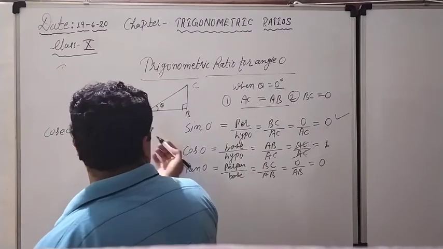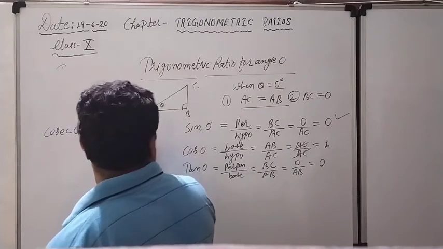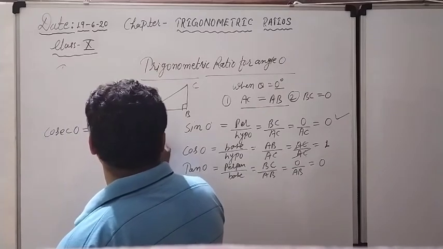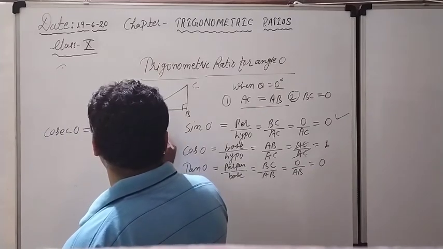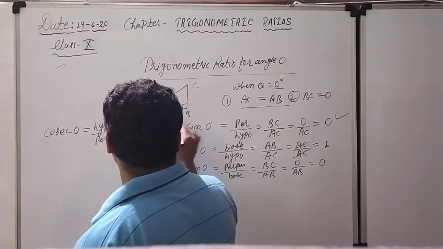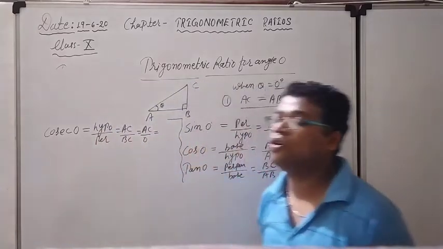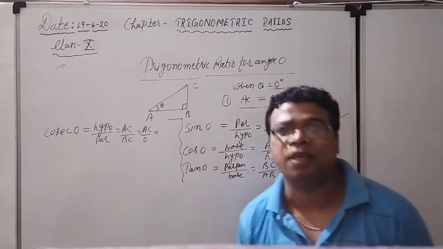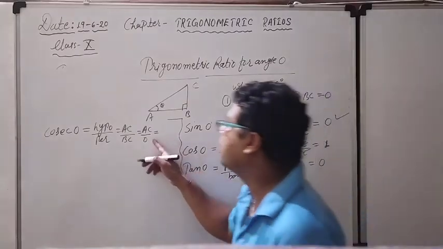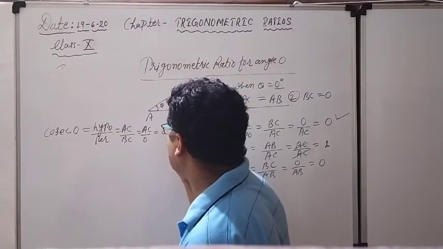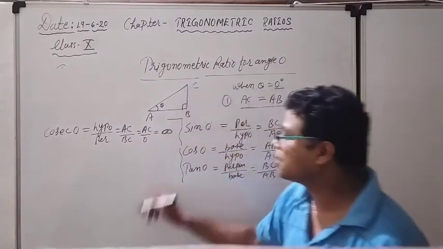If it is the hypotenuse upon perpendicular, so AC upon BC. It means AC is going on the upper side, 0 is coming on the downside. Right now see the situation. If you are finding 0 at the denominator, so this particular value is equal to infinite. This is the sign of infinite.